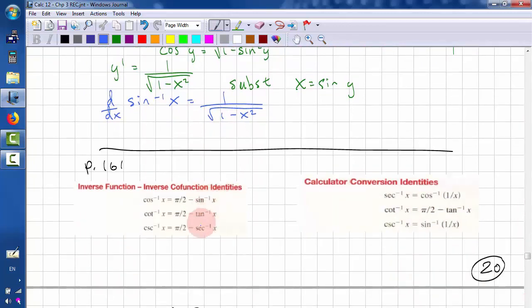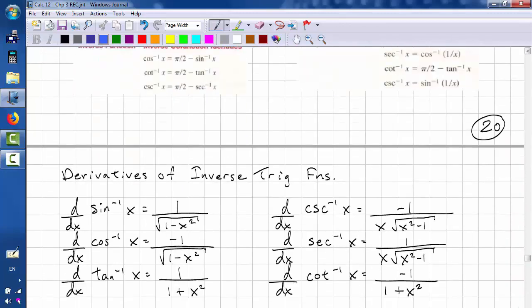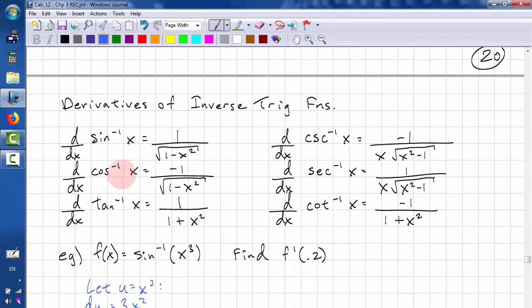Okay, so here's some inverse identities, but we're more interested in the derivatives. So here are your other derivatives. Inverse cos x is the same as inverse sine x, but with a negative sign. Inverse tan x is 1 over 1 plus x squared.